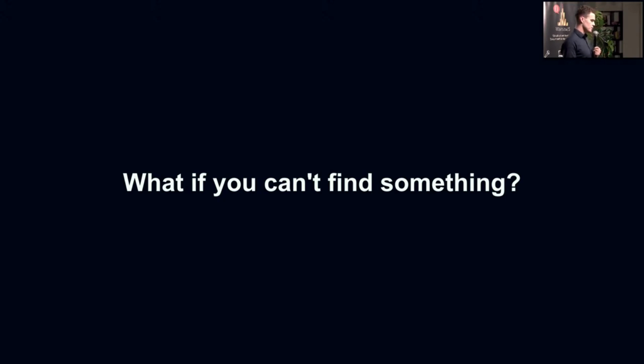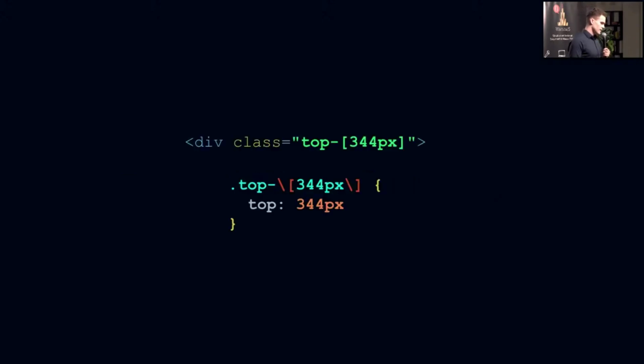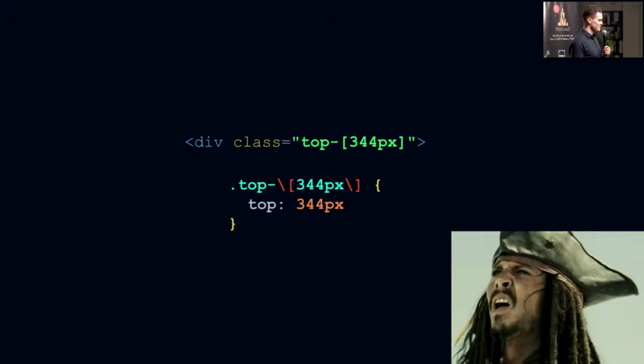And what if you can't find something in Tailwind's utility classes? There is something called arbitrary values, and it looks like this: you put the magic value here, and it creates the class. When I installed Tailwind in our project, and it was the first code review, I said no way I will approve this code review, because it's a magic number, and we don't like magic numbers, of course. Maybe extract it or something.